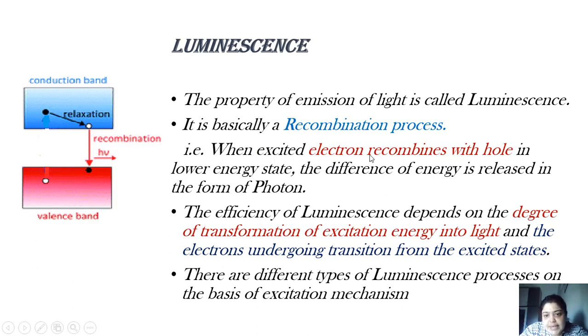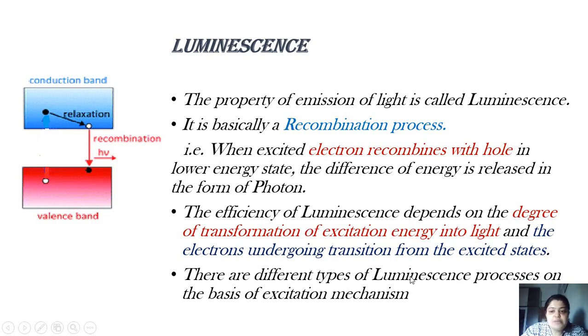When excited electron recombines with hole in lower energy state, the difference of energy is released in the form of photon. The efficiency of luminescence depends on the degree of transformation of excitation energy into light, and also on the amount of energy released. It depends on that, and how many electrons are undergoing transition from the excited states.